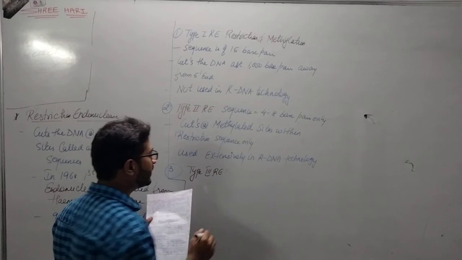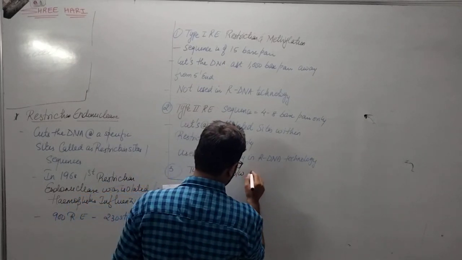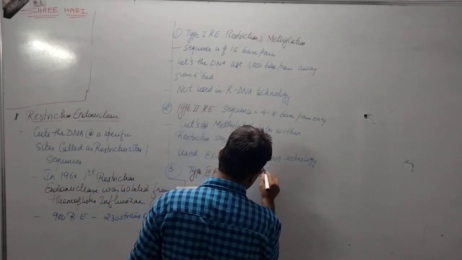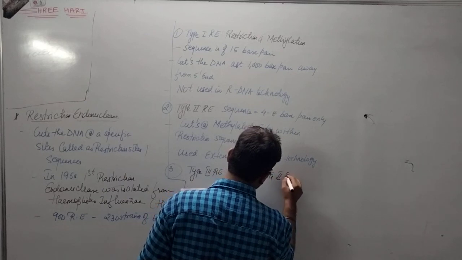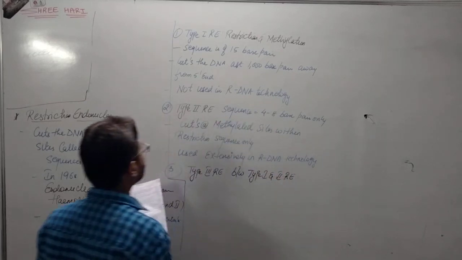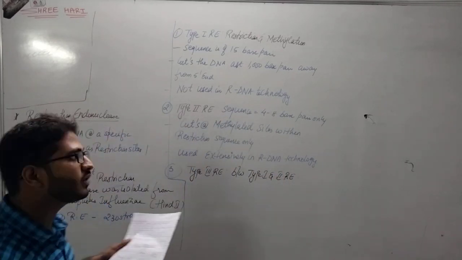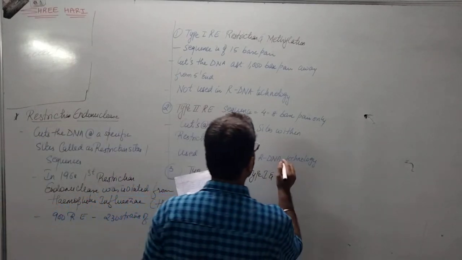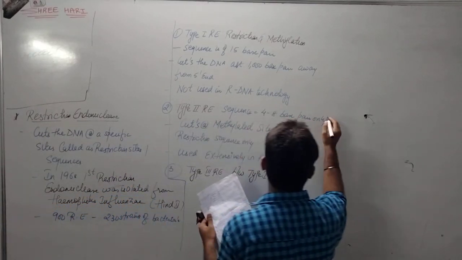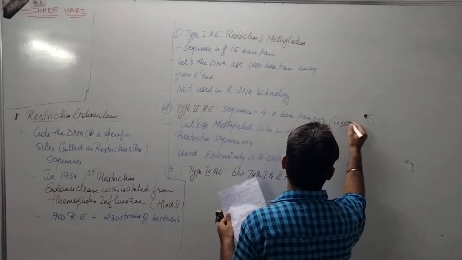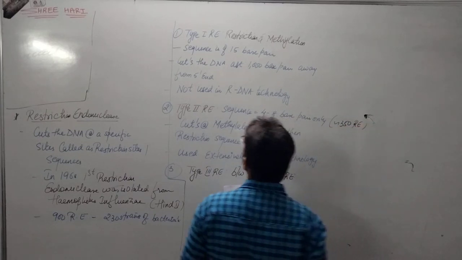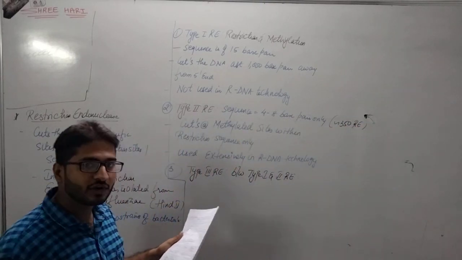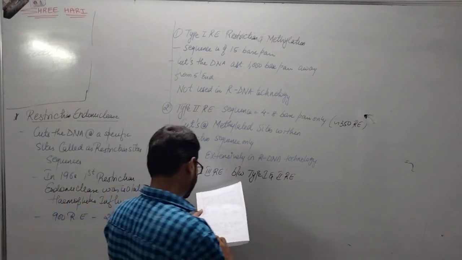That is, it is between type 1 and type 2 restriction endonuclease. One more point regarding type 2 RE: around 350 REs of type 2 are known or have been isolated till date.